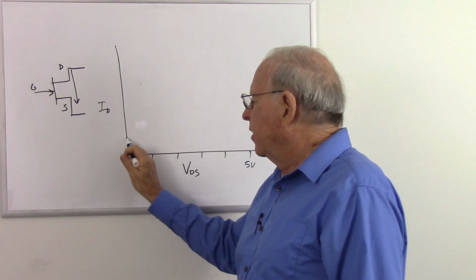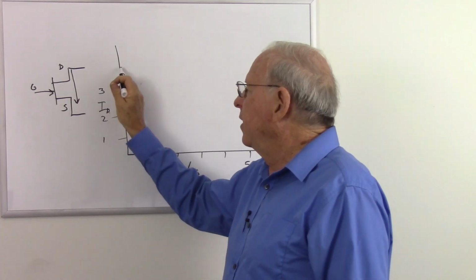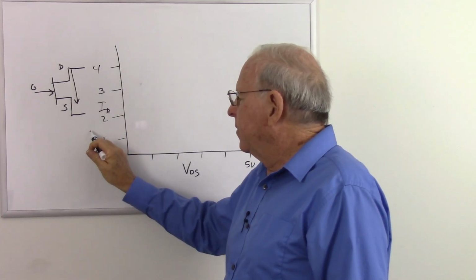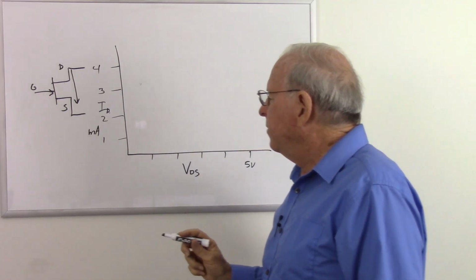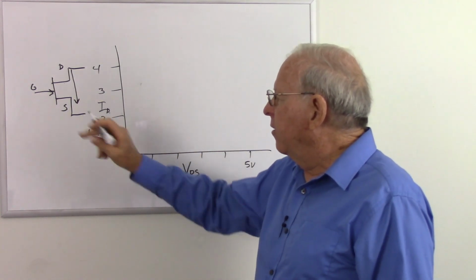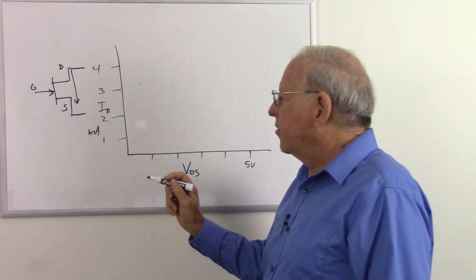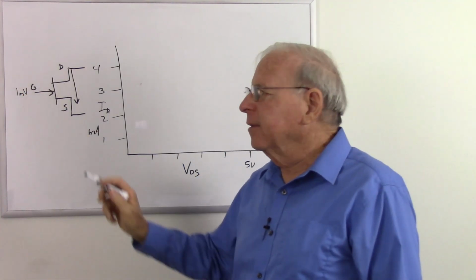And let's say our current is 1, 2, 3, 4. Let's call it milliamps because we can. And so we see that at a particular gate voltage, let's say I have 1 millivolt here.